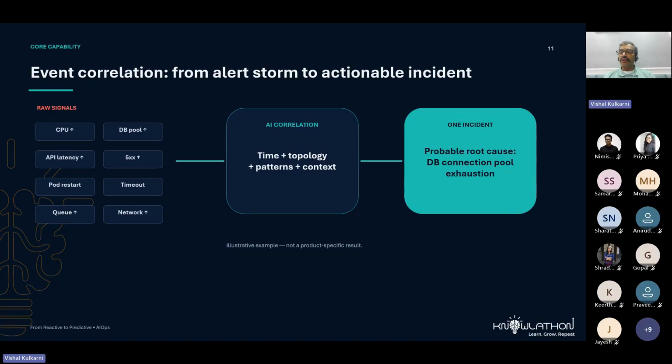With correlation, we do not imply that any tool will always identify the correct root cause.